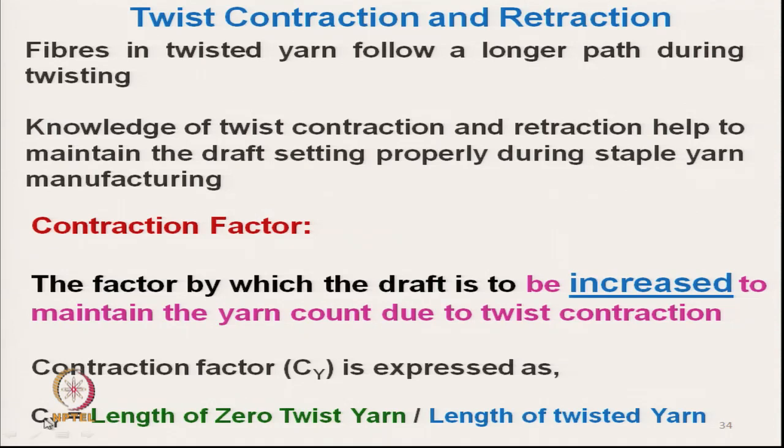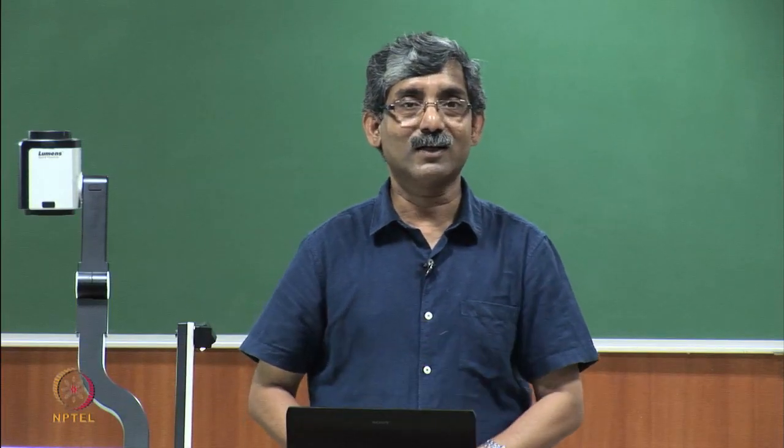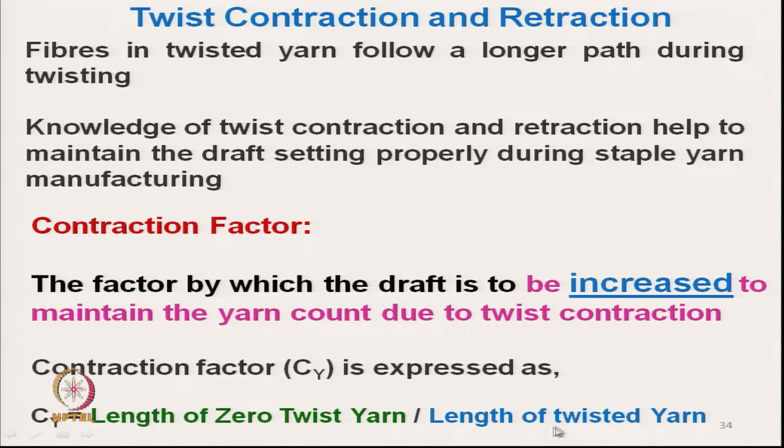If there is no twist in the yarn, the contraction factor will be 1, and suppose the twist is such that it has contracted and contracted, ultimately it has become 0 theoretically, so the contraction factor will be infinite.